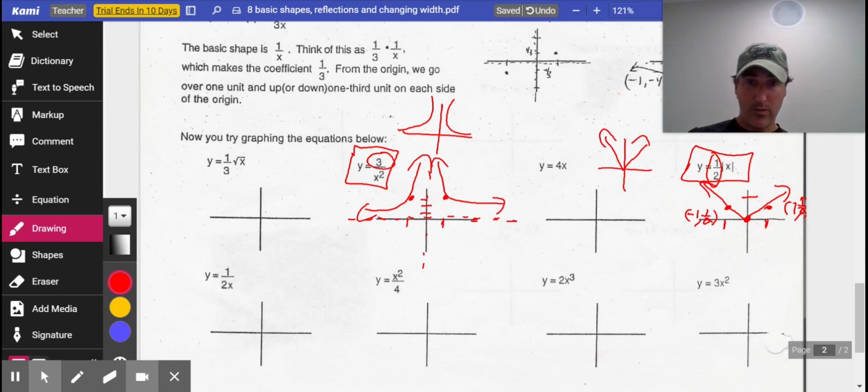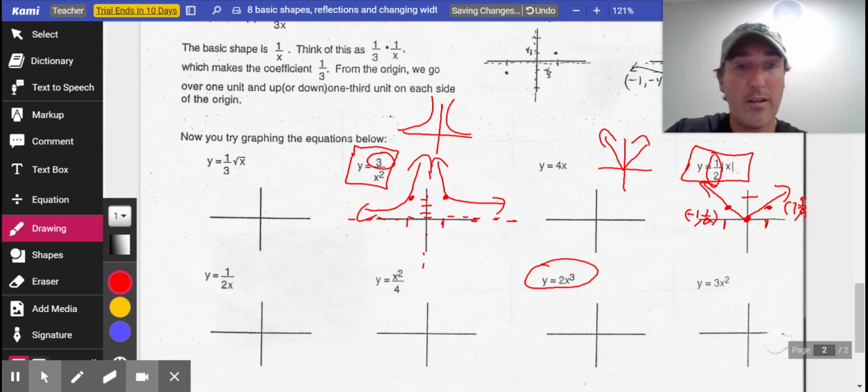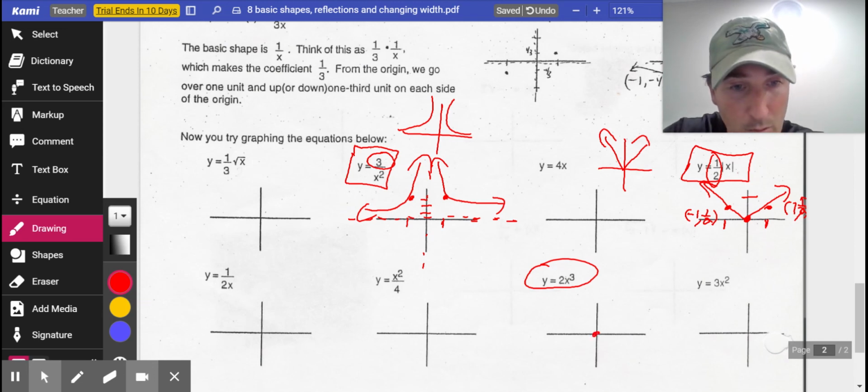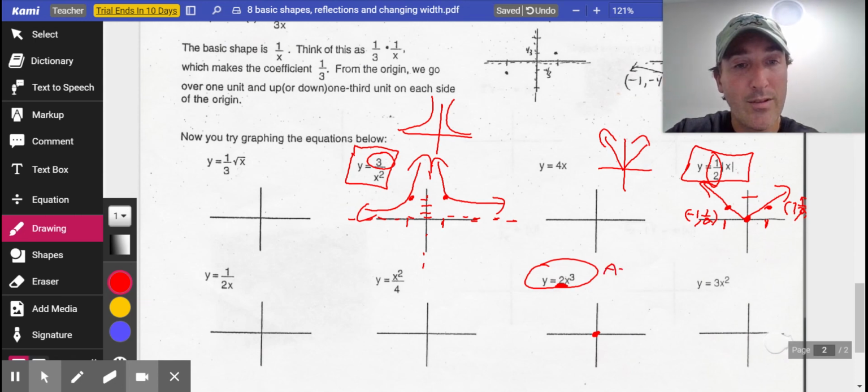Let's do one more. Let's do this one. This one's going to be an S curve. The middle part where it changes its shape for the S curve is still at the origin. Since the a value is 2, the S shape is going to go up quicker, so it's going to get a little bit skinnier. That's our slope. From this middle point at the origin, when we go to the right one, we go up 2 because that's the a value.